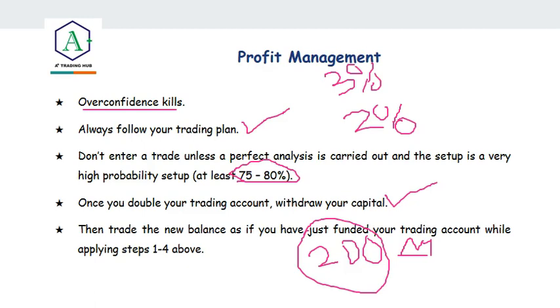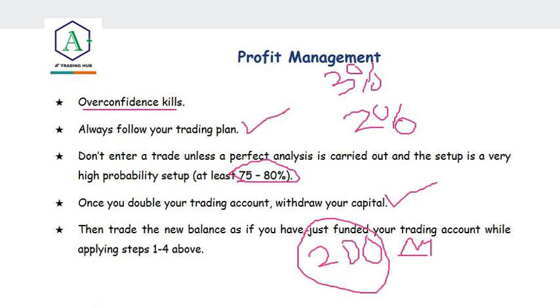You need to enjoy your money now, so you can withdraw, let's say 200, you take maybe 10 or 20% of this money and go buy yourself some nice clothes or take some good wine. Then the remaining 200 on your account, you repeat the same steps from step 1 to 4 in managing the trading funds.